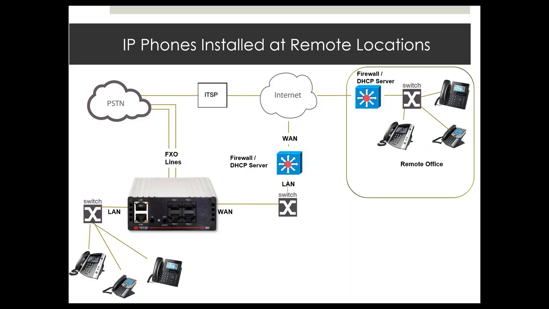They're out on a separate switch. They're on their own network on the LAN of the QX. The QX will act as a DHCP server. That's the easiest method for configuring the phones because the system phones are recognized right away as soon as they boot up. We recognize the phones and give them an IP address, and they configure really easily that way.